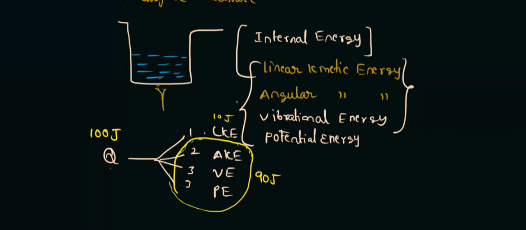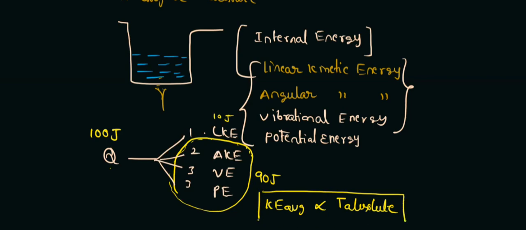If we reverse the thinking, ఇచ్చిన 100 joules of heat లో 90 joules లీనియర్ కైనెటిక్ ఎనర్జీకి సప్లై అయింది అనుకుంటే, అప్పుడు ఏమవుతుంది? Average kinetic energy is directly proportional to T absolute అని గుర్తు వస్తే, కైనెటిక్ ఎనర్జీకి మోర్ అమౌంట్ ఆఫ్ హీట్ తీసుకుంది కాబట్టి టెంపరేచర్ రైజ్ ఎక్కువ అవుతుంది. అంటే రేట్ ఆఫ్ రైజ్ ఆఫ్ టెంపరేచర్ ఎక్కువ అవుతుంది. సో ఇట్ డిపెండ్స్ ఆన్ ఇంటర్నల్ ఎనర్జీ.